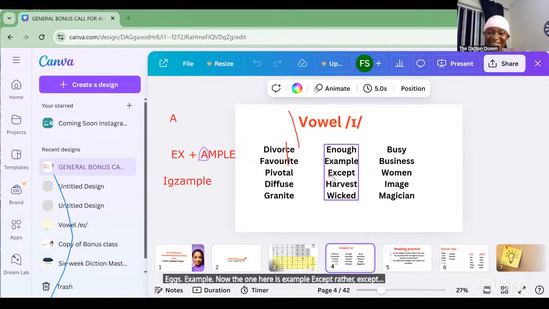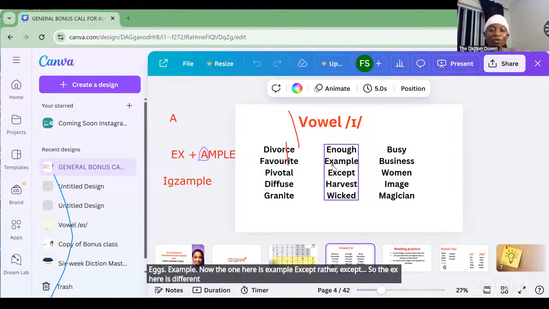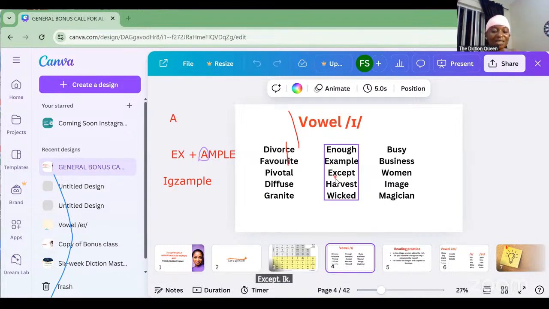So the EX here is different from the EX here, even though it's the same spelling. When you pronounce them, the way you pronounce the EX here is different from the way you pronounce the EX here. This is example. This is except. Ek. This has a G. This has a K. Except.